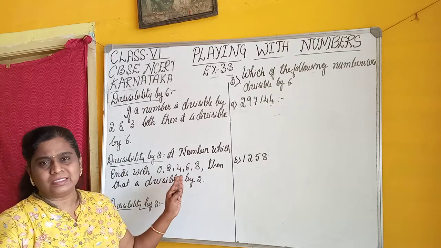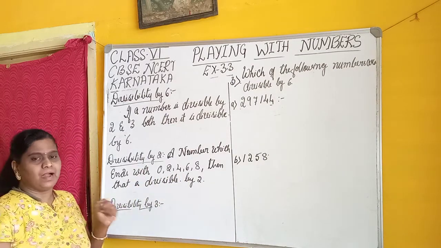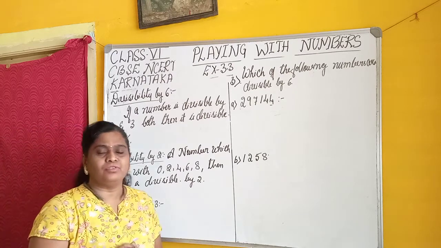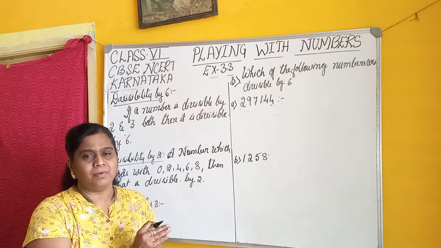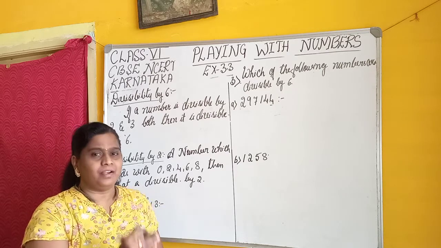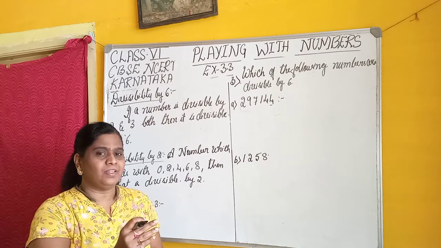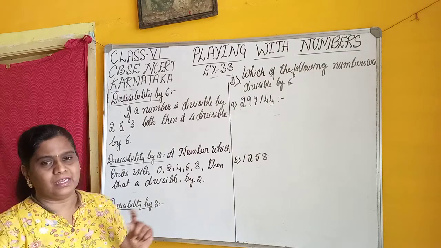It's a very simple method. How to check whether a number is divisible by 3? For any number, we have to add the digits in that number and divide the sum by 3. If it divides completely, or if we get the remainder 0, then that number is divisible by 3.